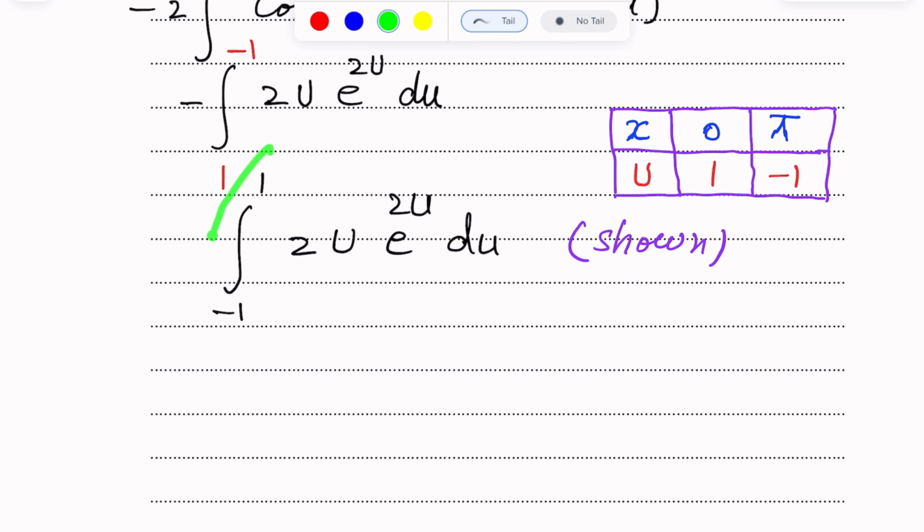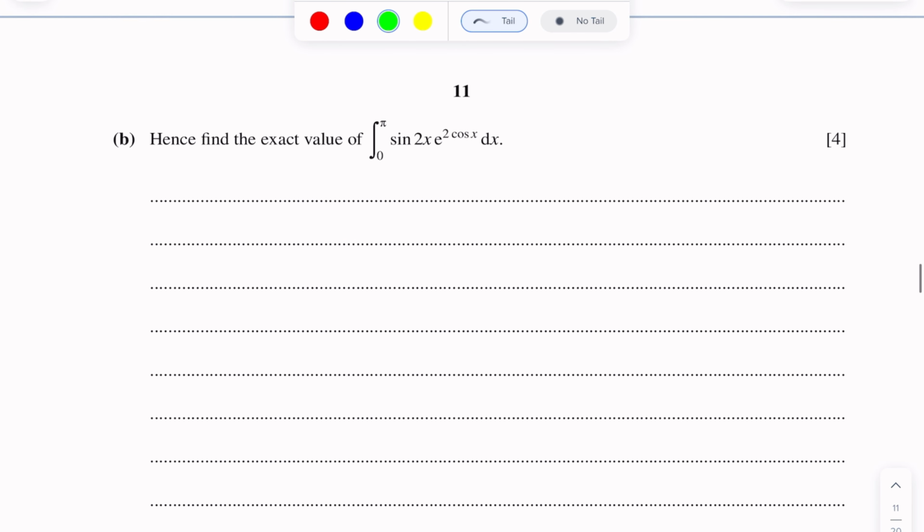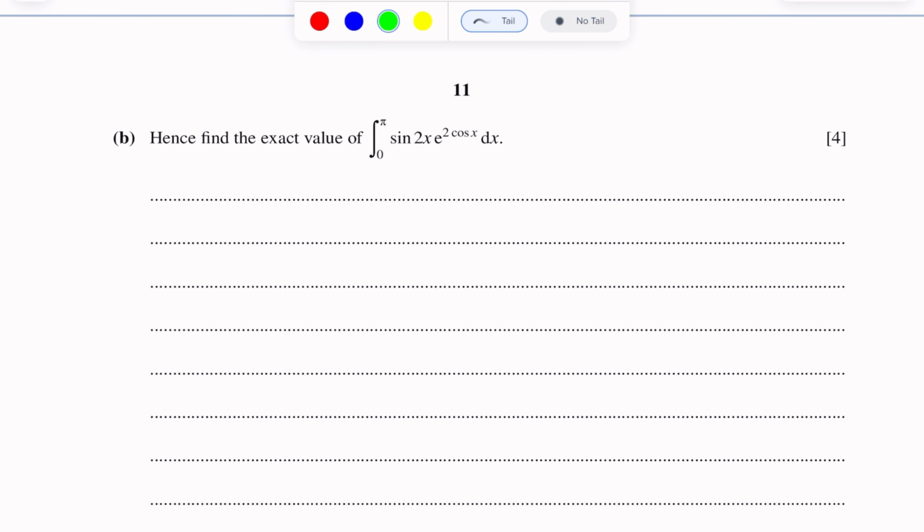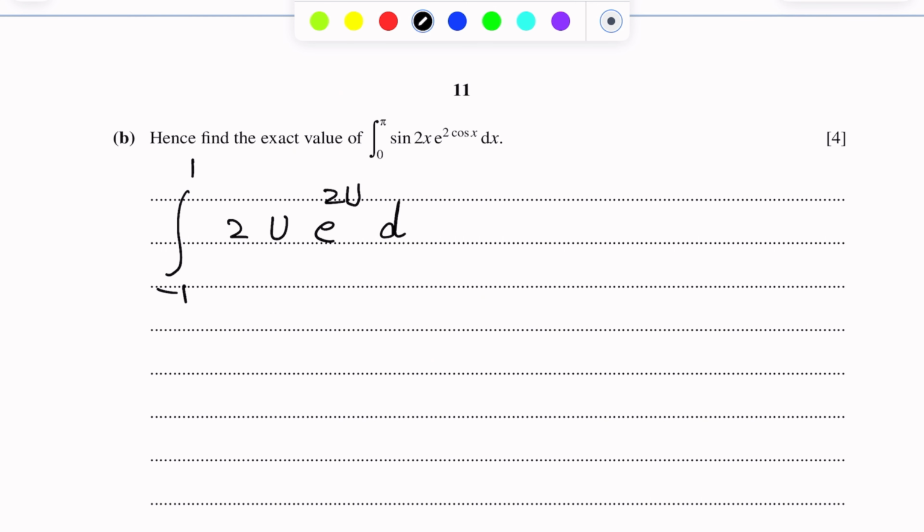We integrate this and find the exact value. So, integral from negative 1 to 1 of u e power 2u with respect to u.